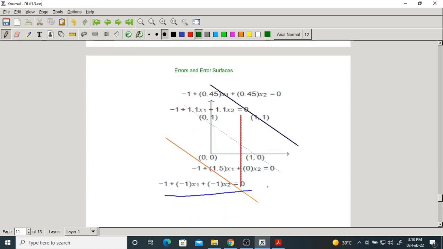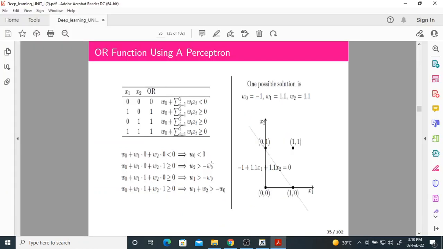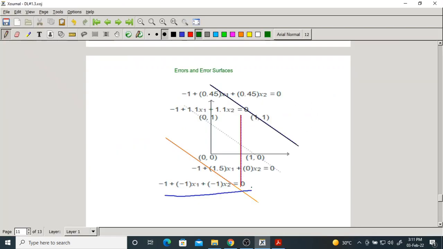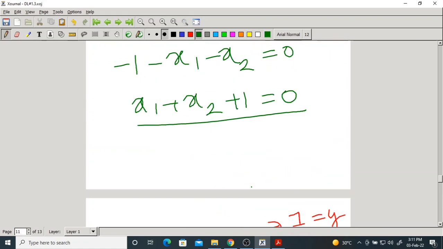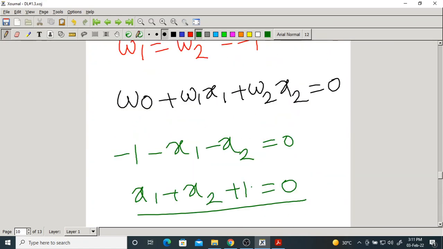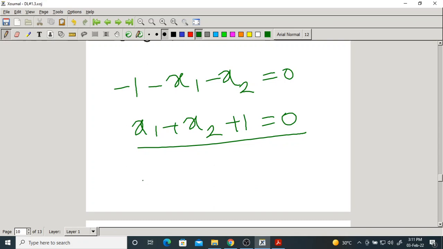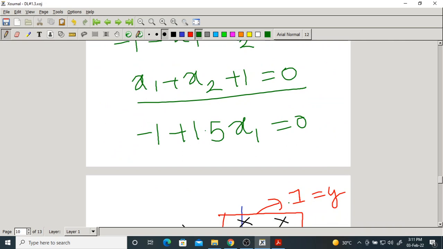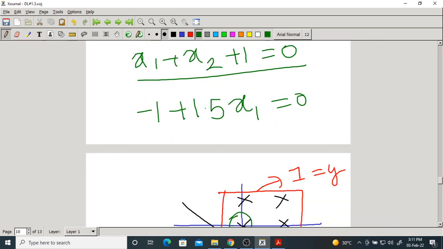Suppose I choose some other values. Let us choose W1 is 1.5, W2 is 0. That means minus 1 plus 1.5 x1 equal to 0. So x1 equals some line.